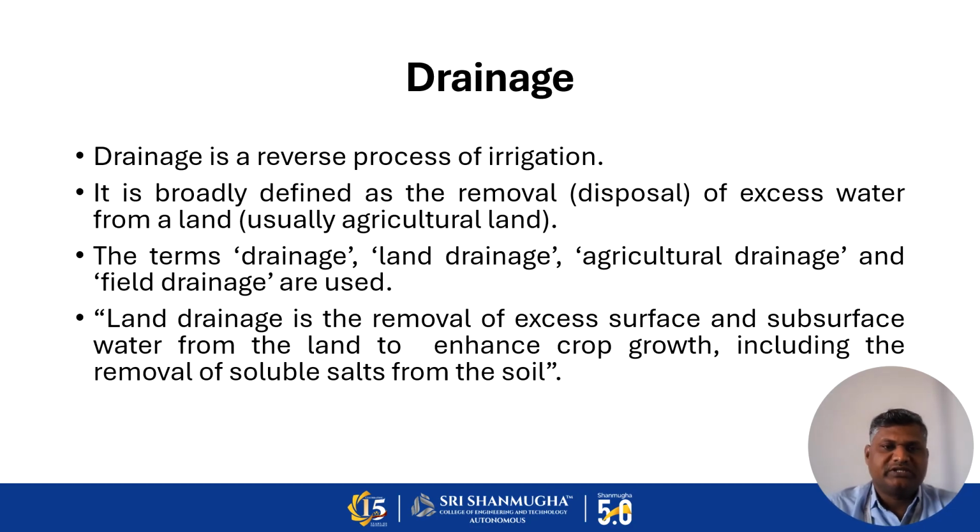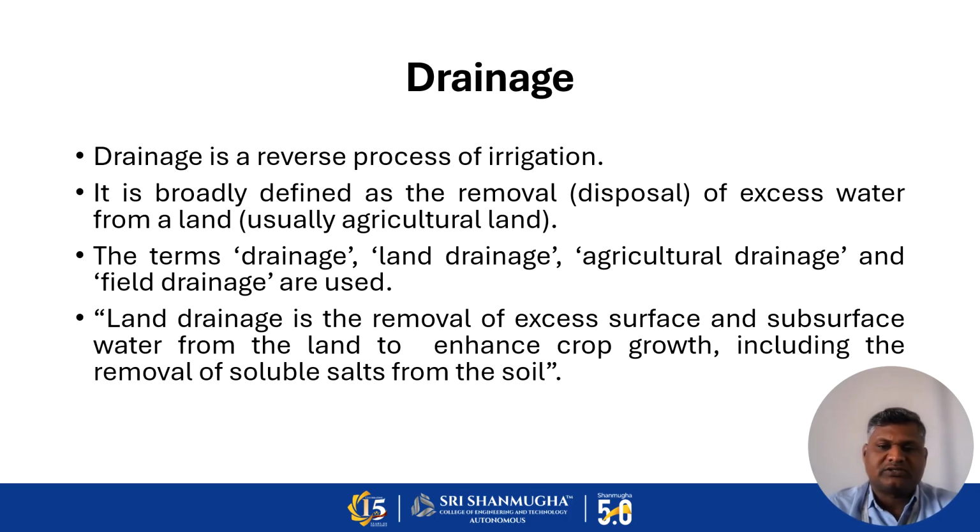As I mentioned, drainage is the reverse process of irrigation. It is broadly defined as the removal or disposal of excess water from a land, usually agricultural land, so we can call it agricultural drainage. The terms drainage, land drainage, agricultural drainage, and field drainage are used. Land drainage is the removal of excess surface and subsurface water from the land to enhance crop growth, including the removal of soluble salts from the soil.